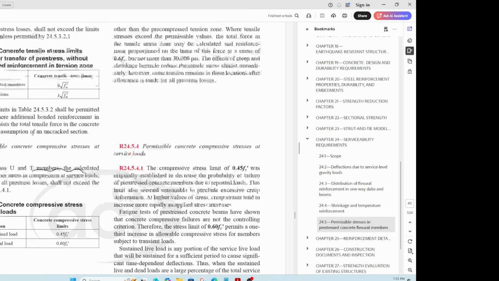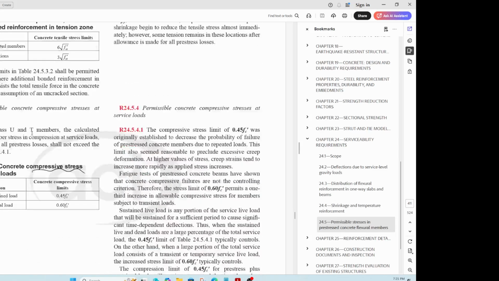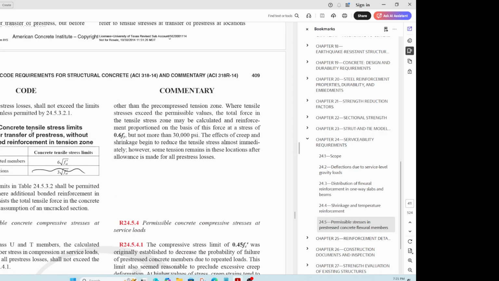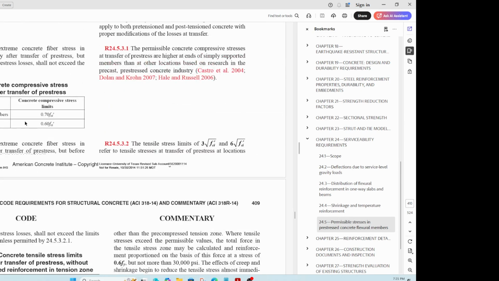We covered the compressive stress limits at service loads. We covered the tensile stress immediately after transfer, and we also covered compressive stress limits immediately after transfer of pre-stress.